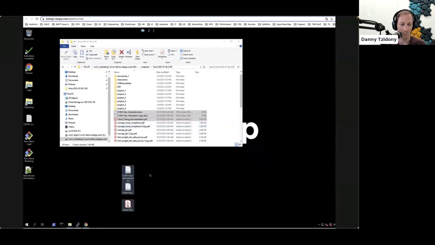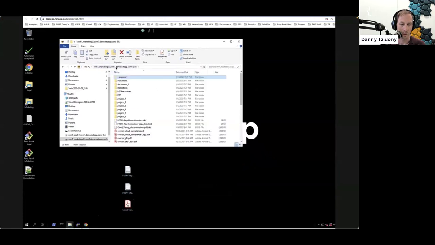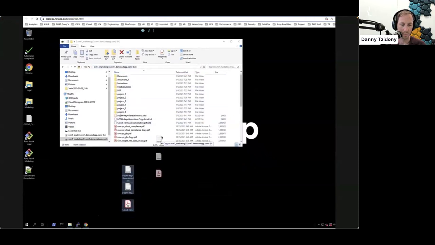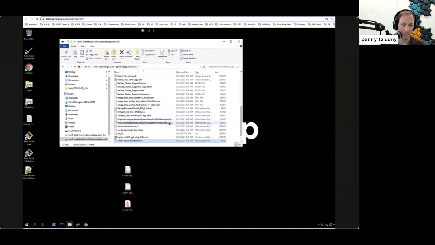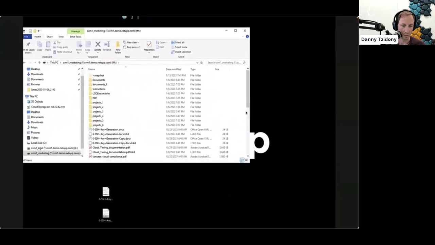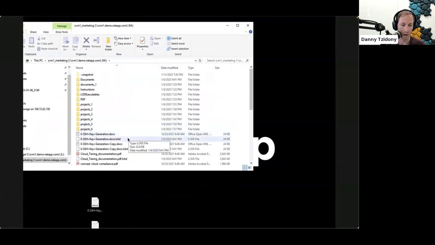And let's return them to the folder. First, let's put them back. And we can say goodbye to our encrypted files. And with that, we can conclude the demo.